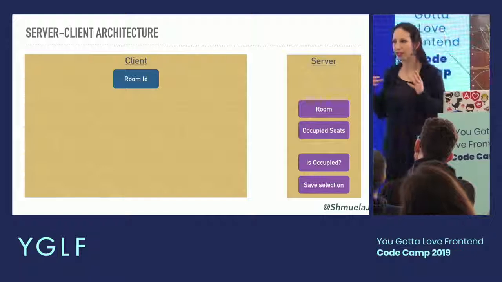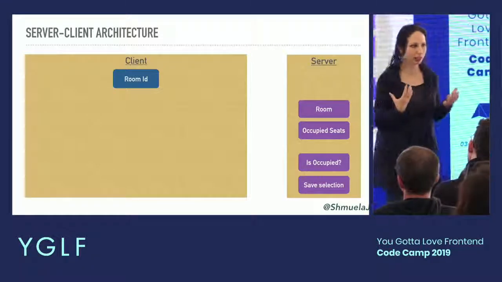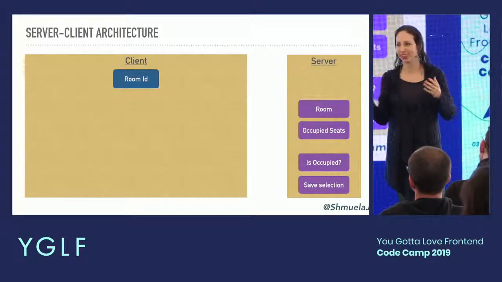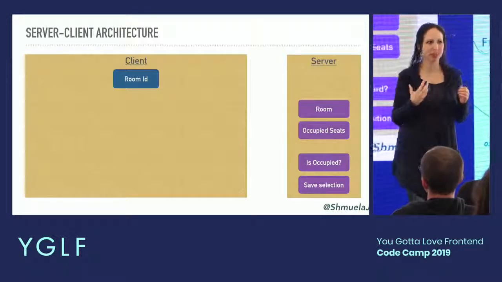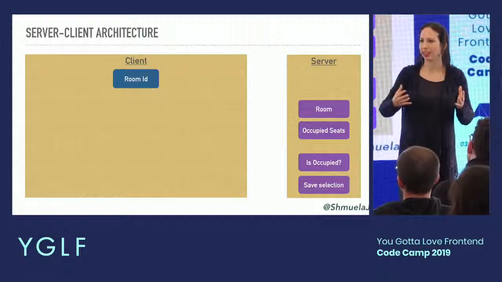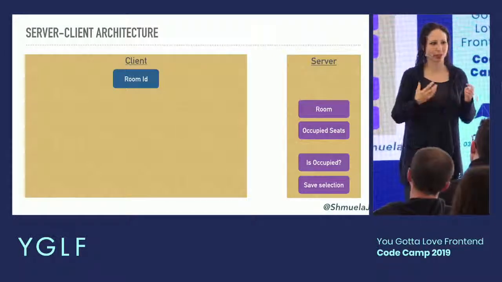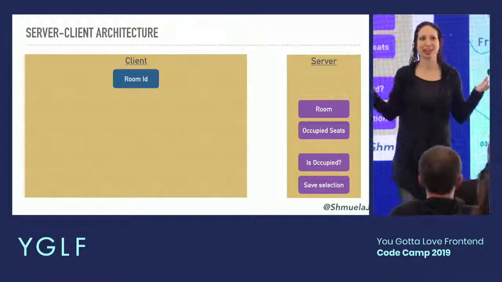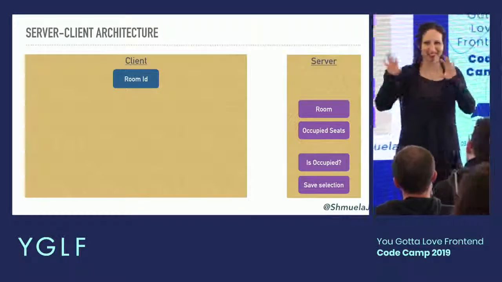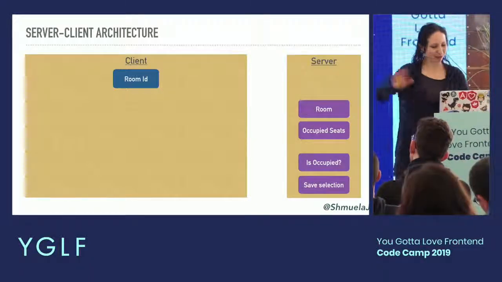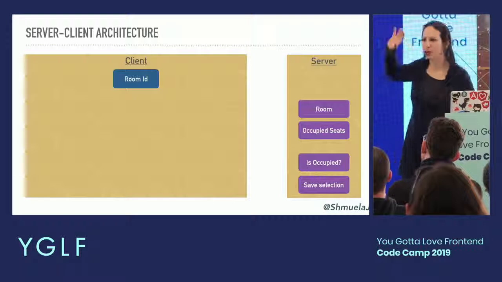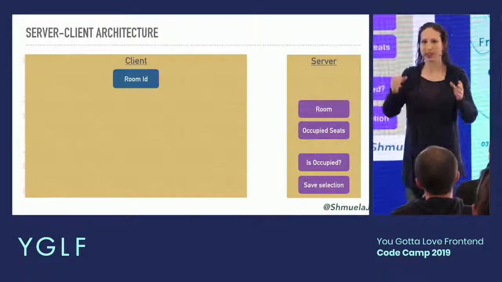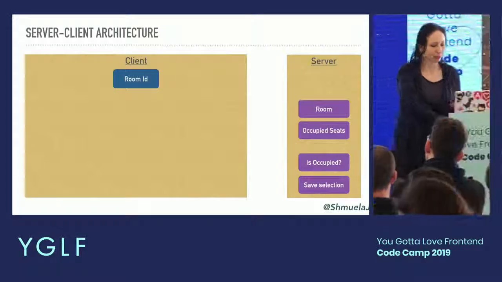A little bit about the architecture, the way I chose to do this. Again, maybe you'll have a different implementation, different requirements for your seat selecting forms, but this is how I would imagine the perfect system, so bear with me. On the client, we know the room ID that we want to select from, and we have it from the router.